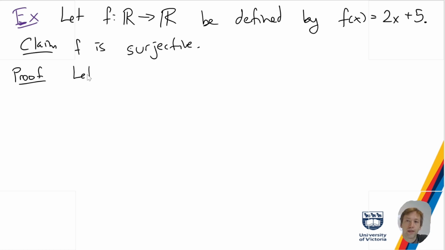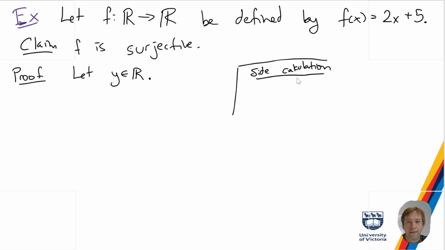So let y be any real number, and we want to show that it's in the range of f, so we want to find some x such that f of x equals y. Now, it's pretty easy to figure out how to do that. This is a kind of side calculation.